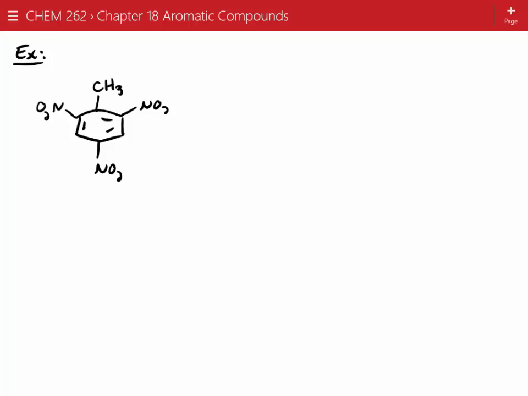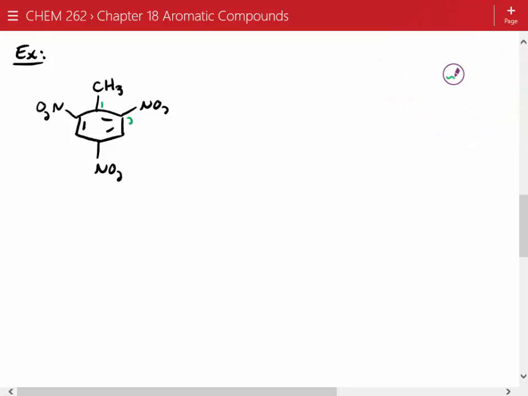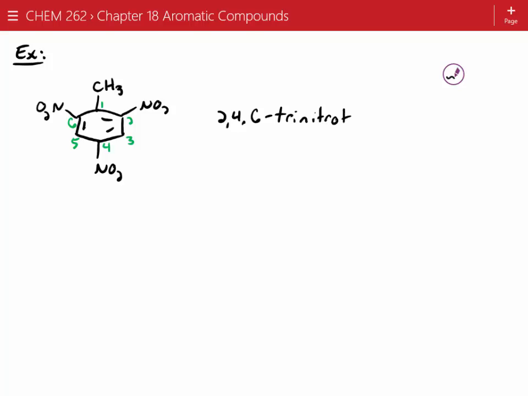So what would we maybe call this? If we're starting numbering here, 1, 2, 3, 4, 5, 6, I would name this 2,4,6-trinitrotoluene, or TNT, right? So that's where the toluene part of TNT comes in, it's the old-timey name for methylbenzene.